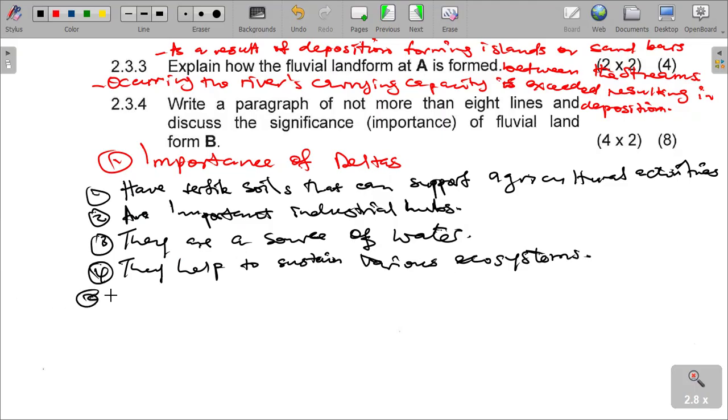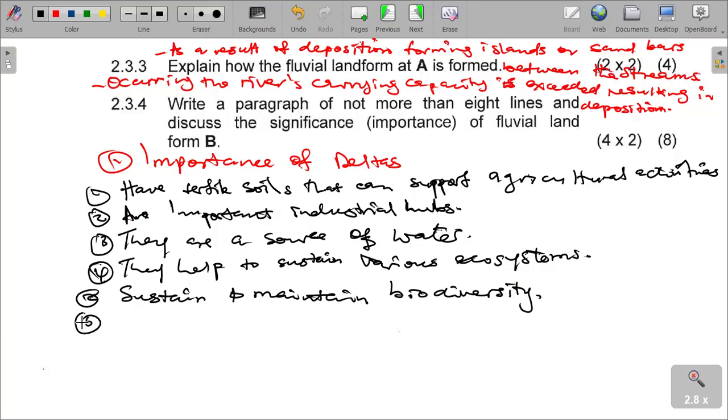Deltas can also ensure biodiversity. They sustain and maintain biodiversity, that is the variety of natural organisms.